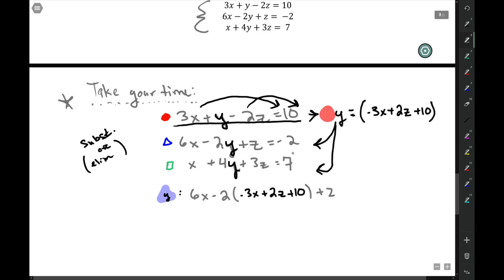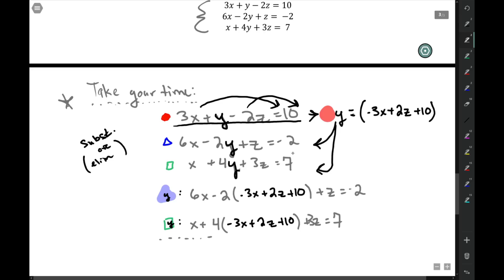We have plus z equals negative 2. New and improved square with y is x plus 4 times the quantity, what we just found for y, plus z plus 3z equals 7.